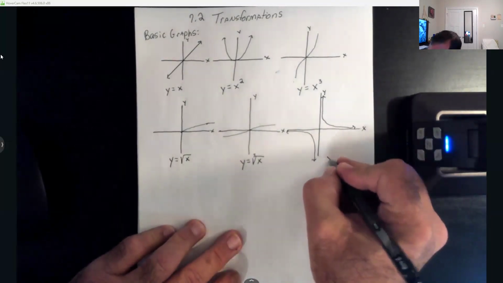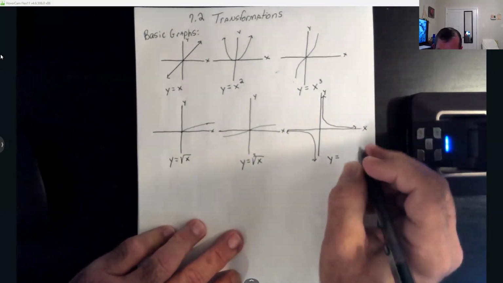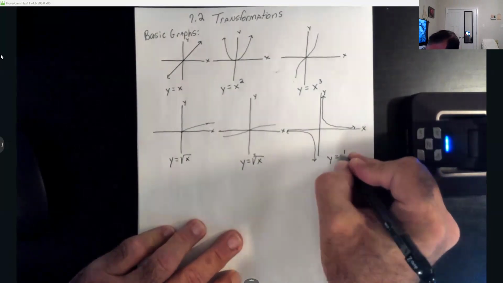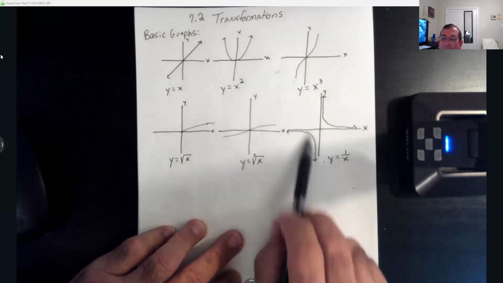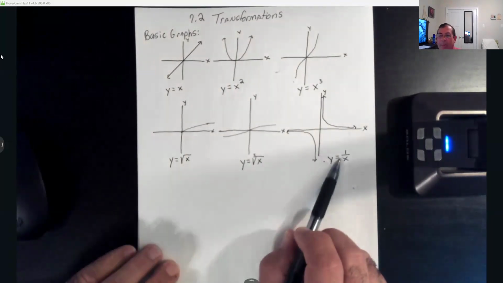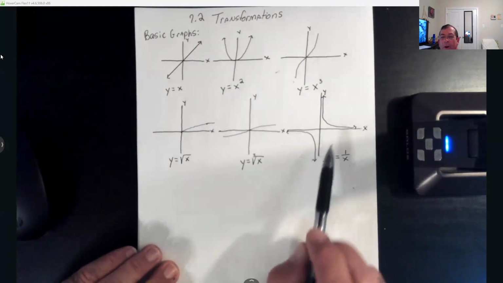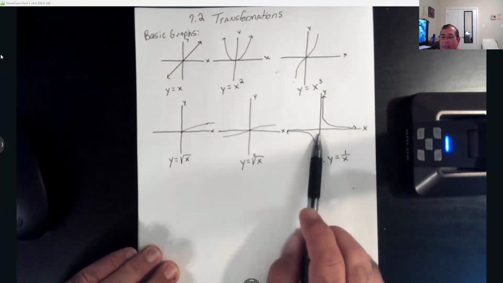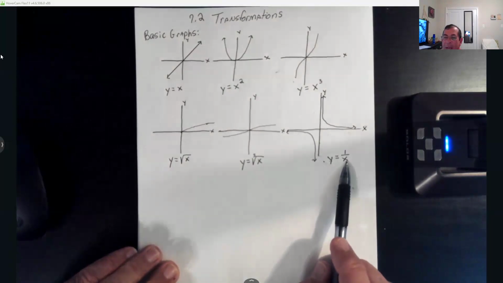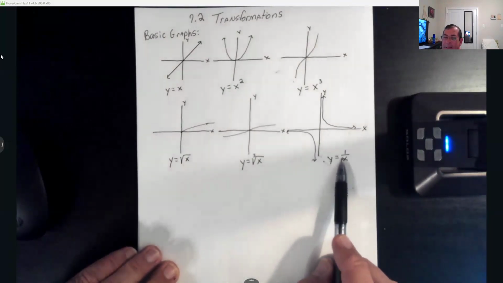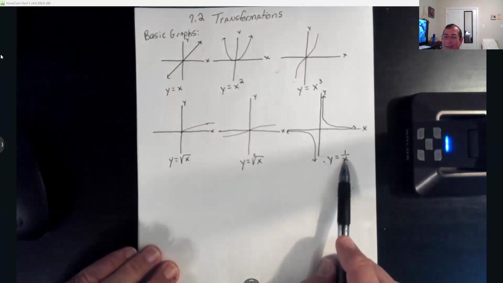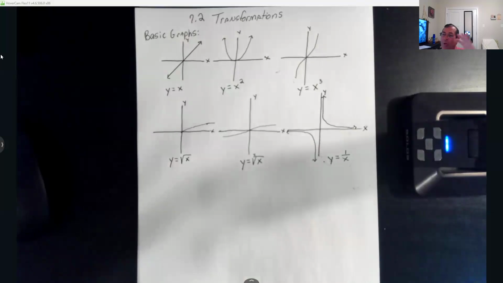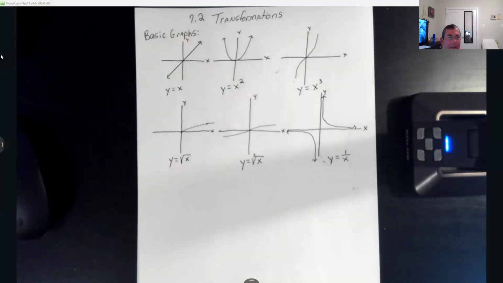This one is y equals 1 over x. So we call this the reciprocal. But y'all, the reason it can't cross over this y-axis here, because remember what happens if you put a 0 in for that x? That makes this undefined, okay? So a graph can't cross an x value that makes it undefined. That's why y'all been doing that domain stuff all week.